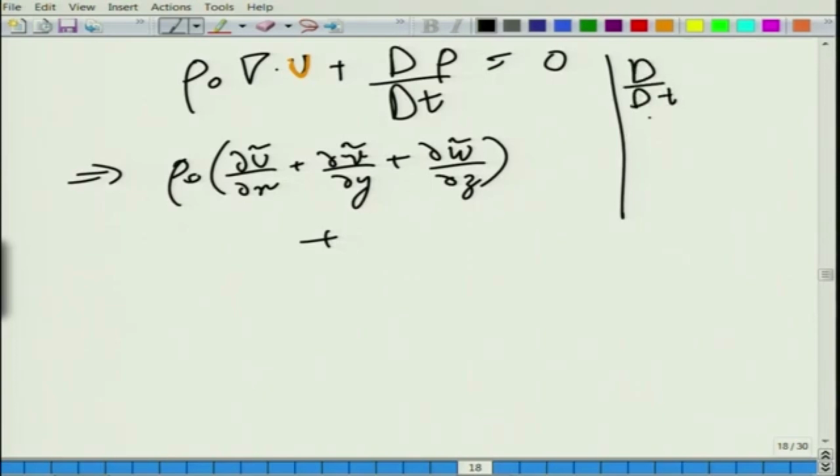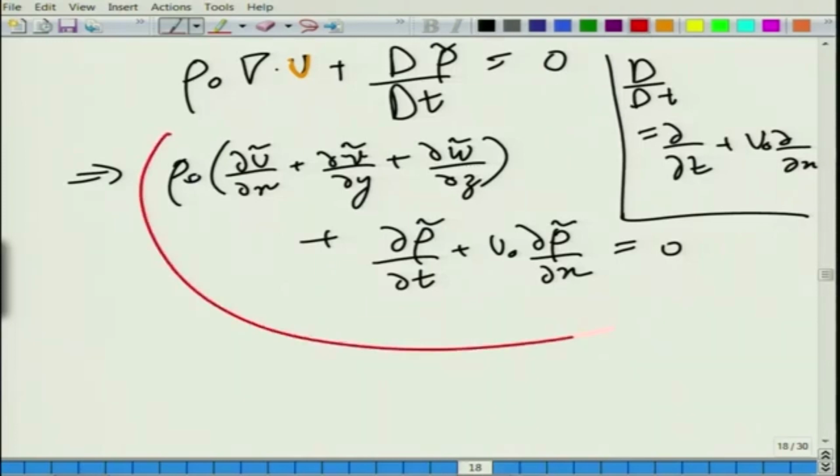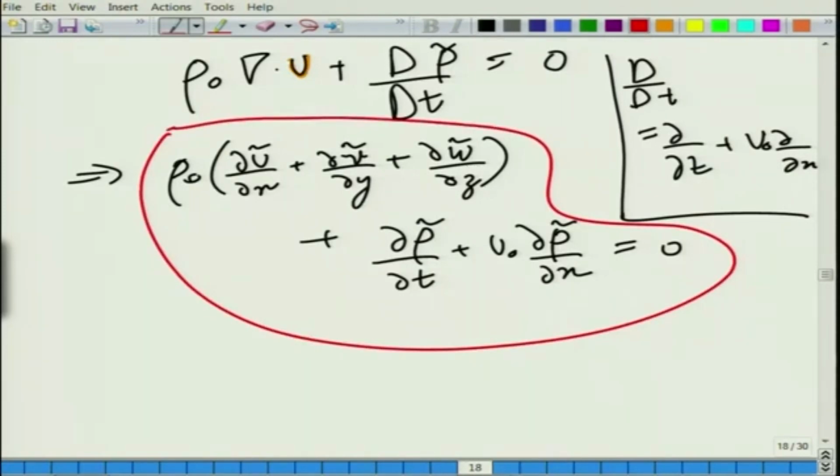It was nothing but del/del t plus u naught times del/del x, because we are assuming mean flow along the x direction. So, with that understanding, this is rho tilde, it would become rho tilde t plus u naught times, okay. So, we will get this kind of a thing. So, this is the continuity equation with flow along the x direction, but the 3D continuity equation.